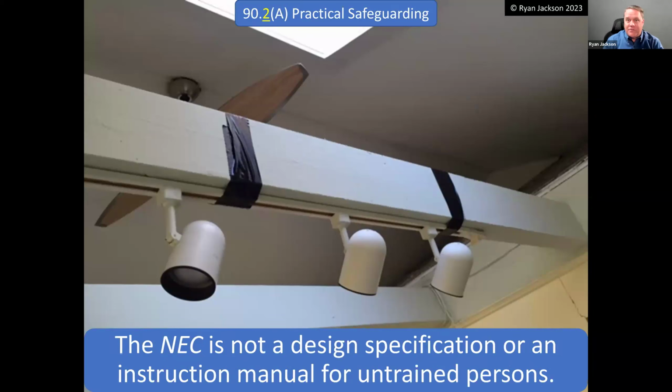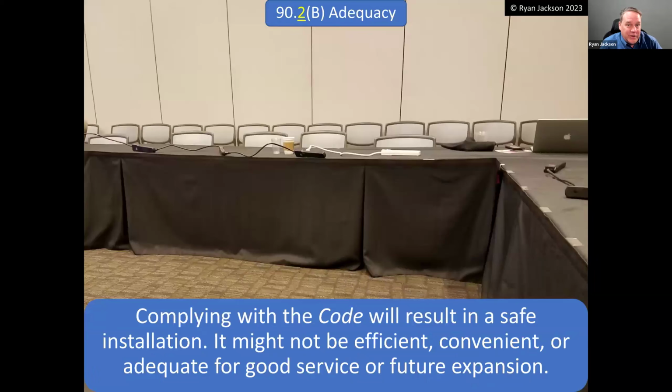It kind of says right off the bat, listen, if you don't know what you're doing, don't even read this book. If you're at that point in your electrical career that you think you should duct tape your lights to the beam as a way of supporting them, maybe this book isn't for you yet. Maybe you need a more basic, level 101 kind of book before reading the NEC. It's not your first book that you should read in the electrical industry.